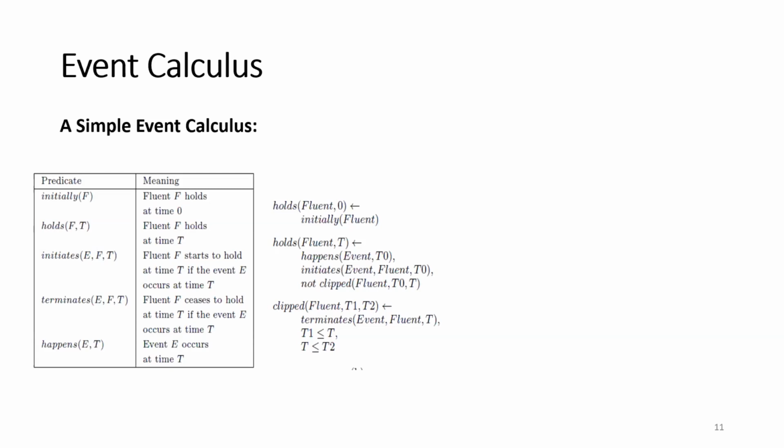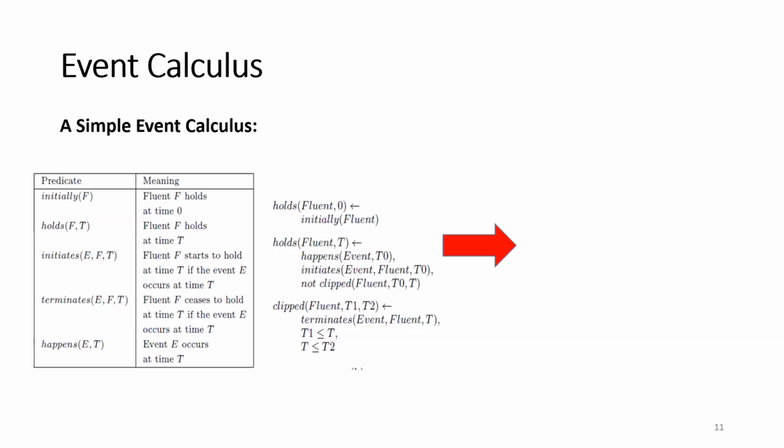So in the meantime, a fluent either holds or doesn't hold. A fluent holds if you're told that it is holding at time 0. Otherwise, it holds at some time t if some event happened which initiates it and nothing happened which terminates it. And that's about it for the event calculus. The rest of it is for us to do: to write what initiates means, what terminates means, and so on.